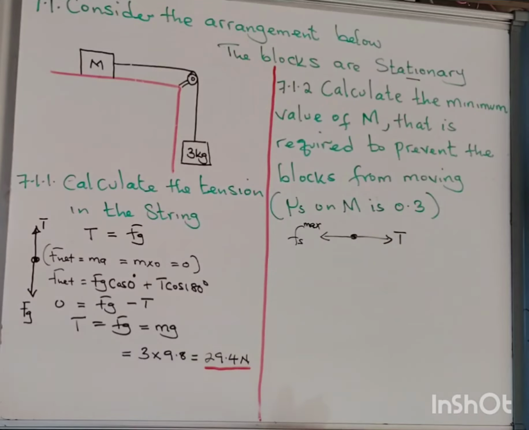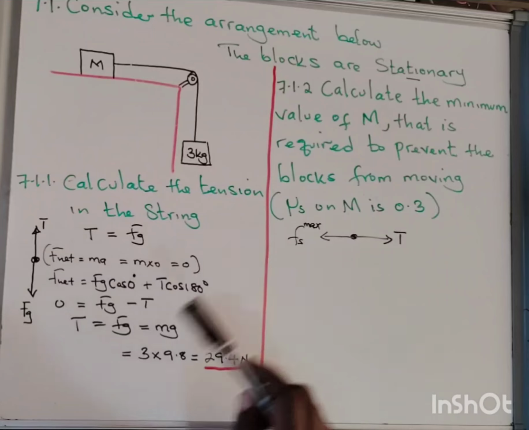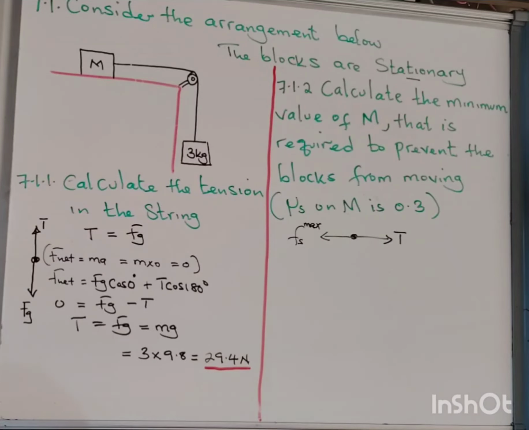That's the minimum force required to make the body just start moving. When that force is exceeded, the block will start moving and we'll stop talking about static friction force and start talking about kinetic friction force.